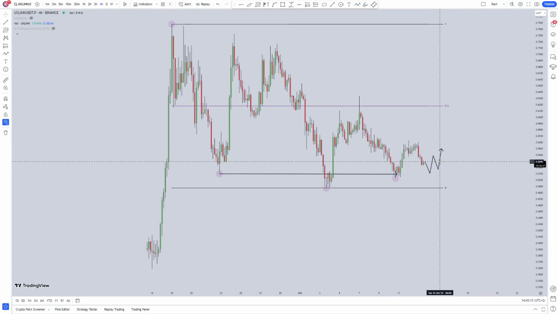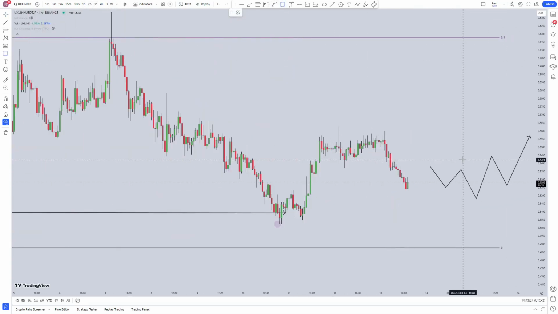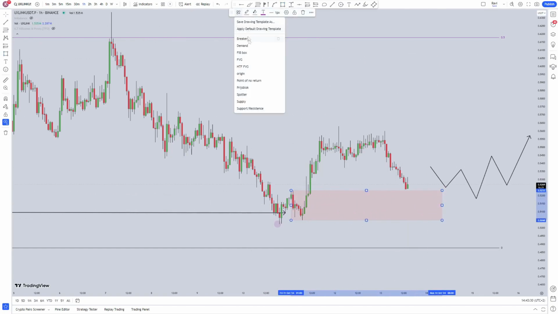So I want to see a local change of character like this in this demand here, this whole move. Why this whole move?